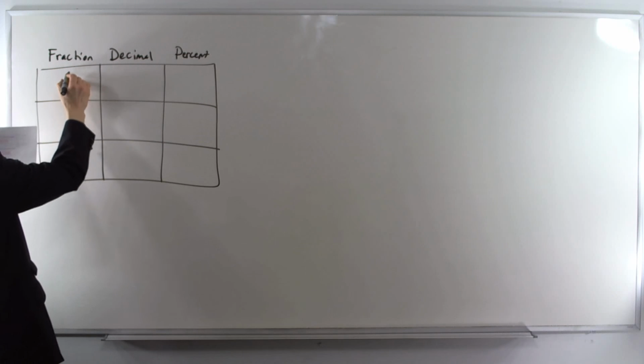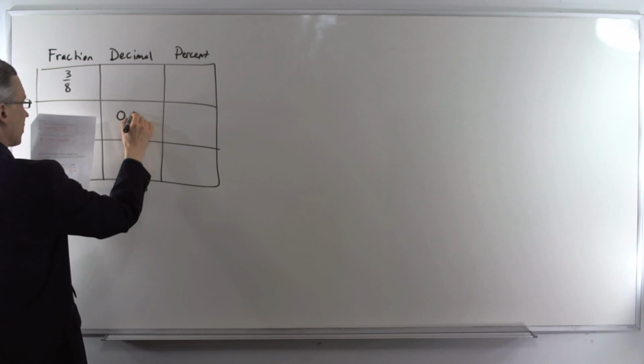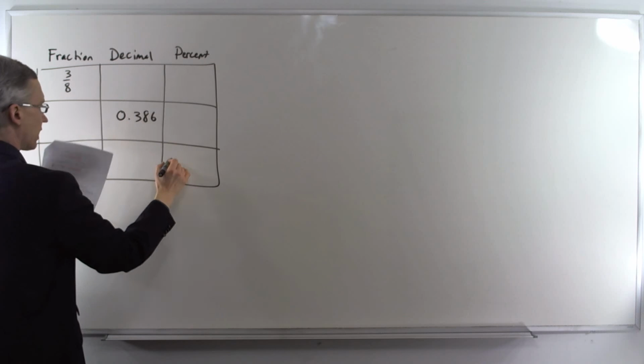All right, first one, we got 3/8, given 0.386 and 27%.